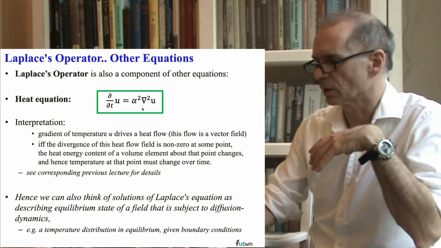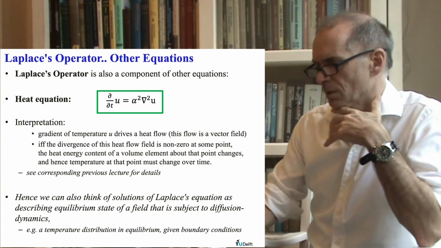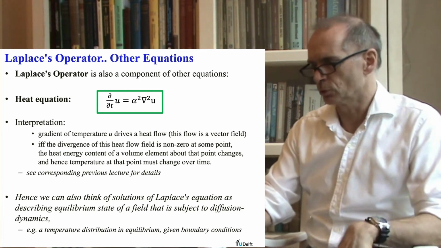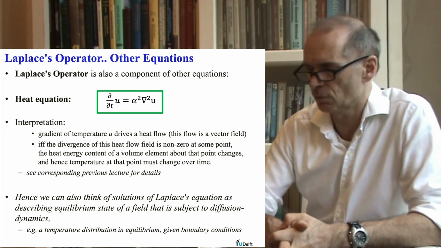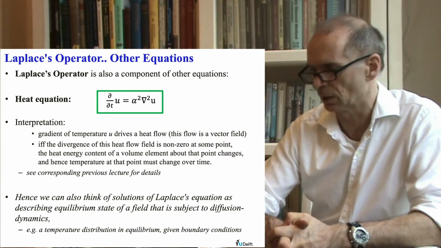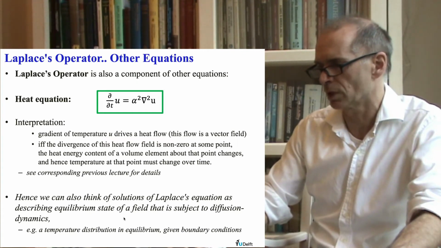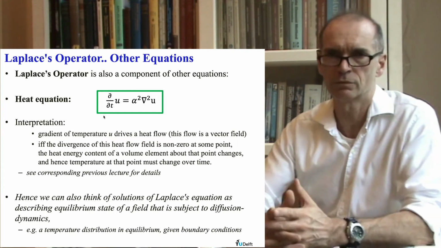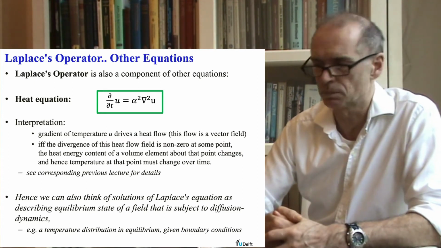But we did meet the Laplace operator then. And so you can also think of solutions of Laplace's equation as describing equilibrium states of a field that is subject to, for example, diffusion-like dynamics. Because stationary equilibrium here means time independence, so the derivative with respect to time will be zero, and then again you are left with Laplace's equation.